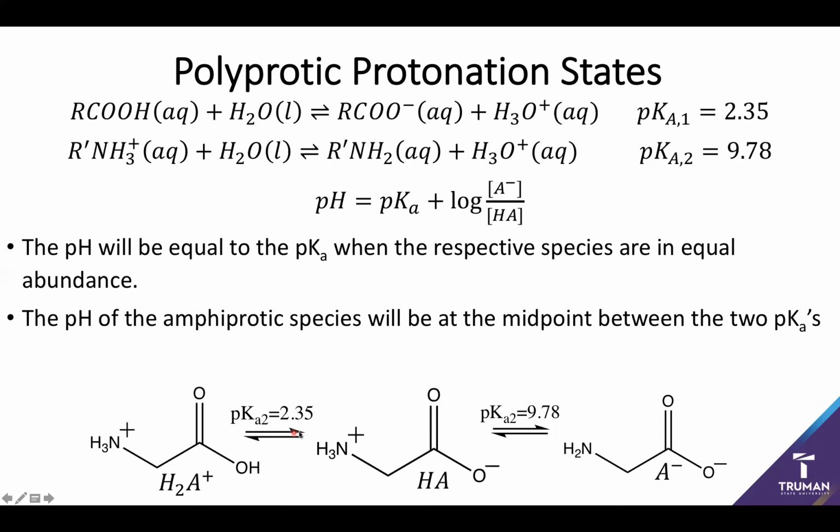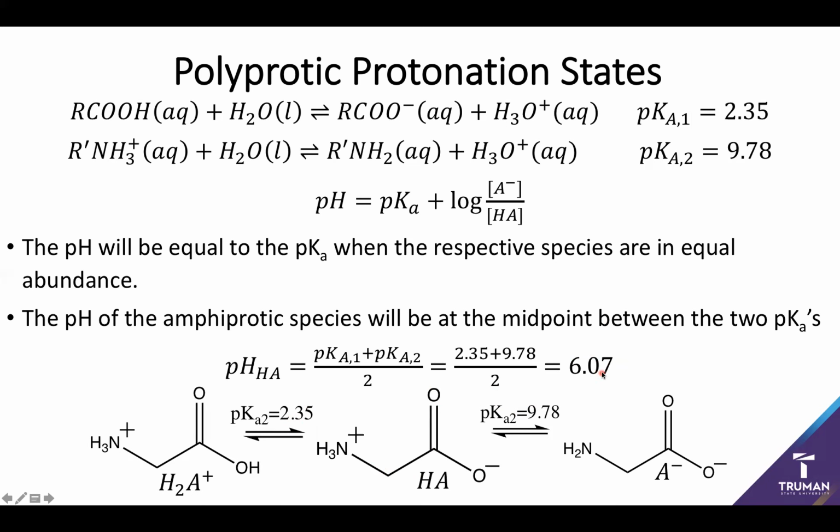So it's going to try and stay as far away from these two different pKa's as possible. So you can find the pH of an amphiprotic species simply by taking the average of the two pKa's. So in this case, it turns out that glycine and a lot of the amino acids will have a pH for the amphiprotic species of around 6.